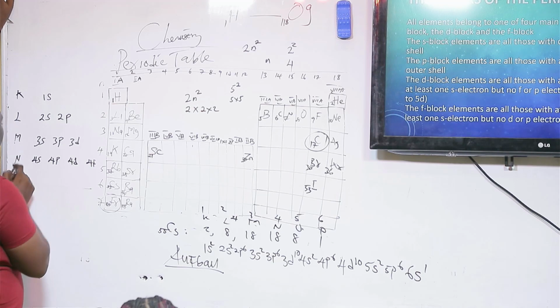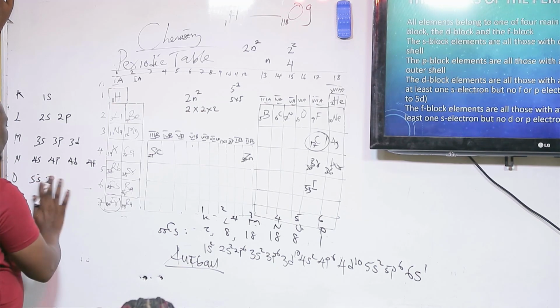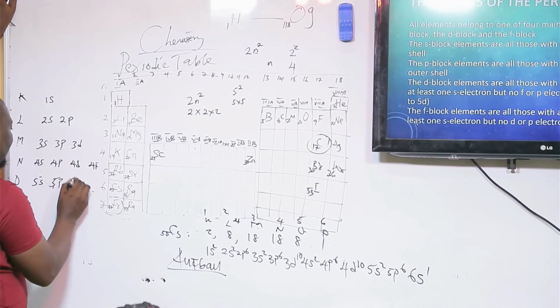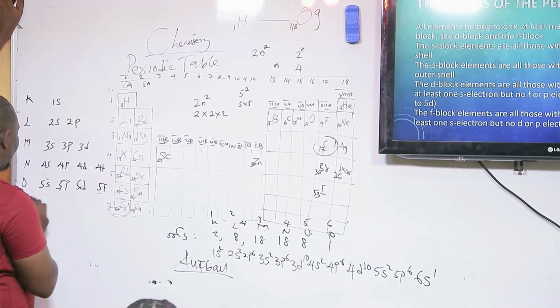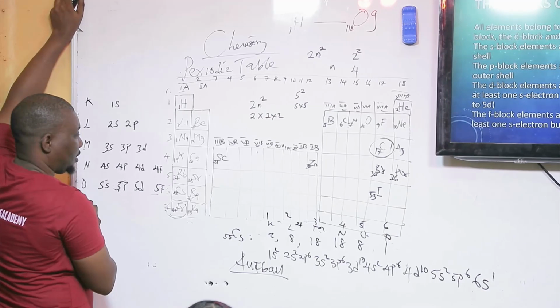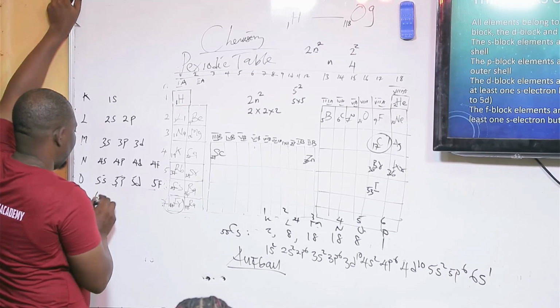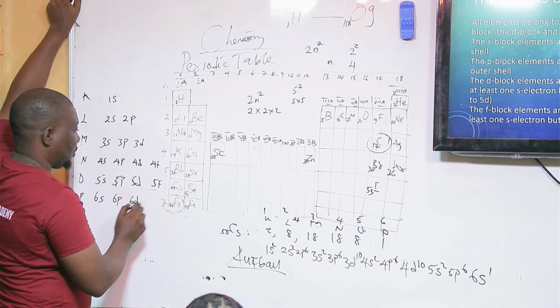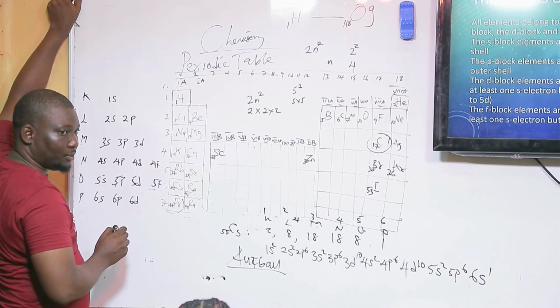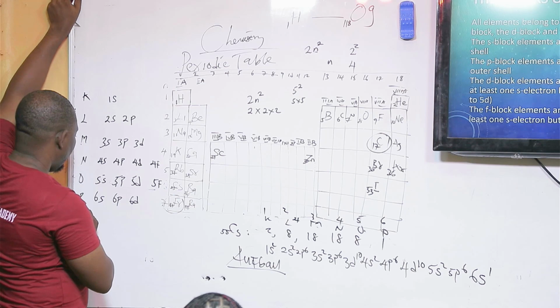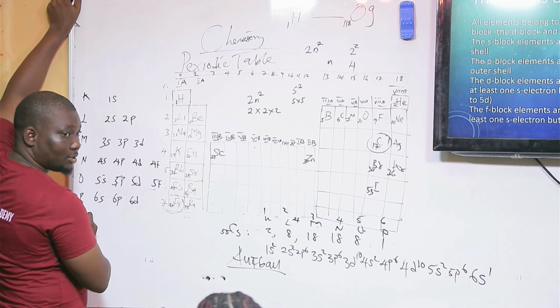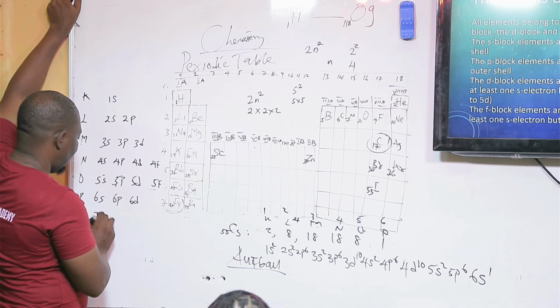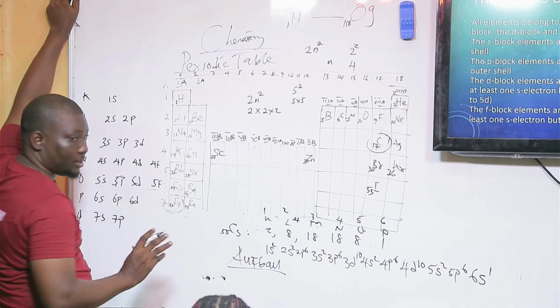The O shell, 5s, 5p, 5d, 5f. Next is the P shell, 6s, 6p, 6d. I don't think it's 6f, it doesn't happen. I'll show you. And the last one is the Q shell, 7s and 7p. That's all.